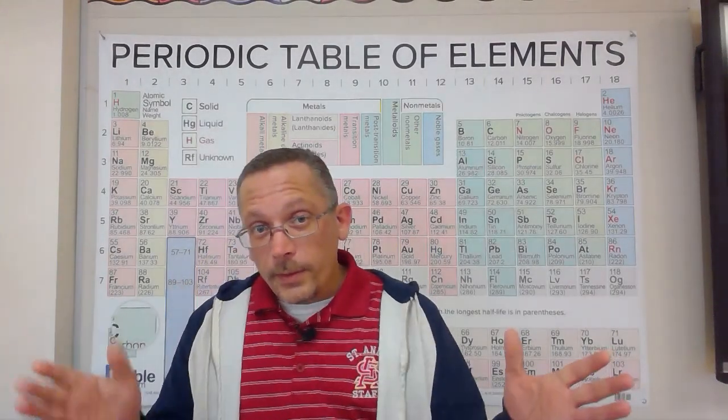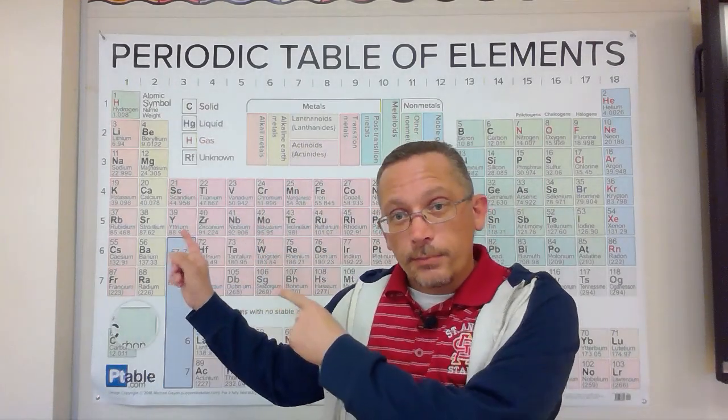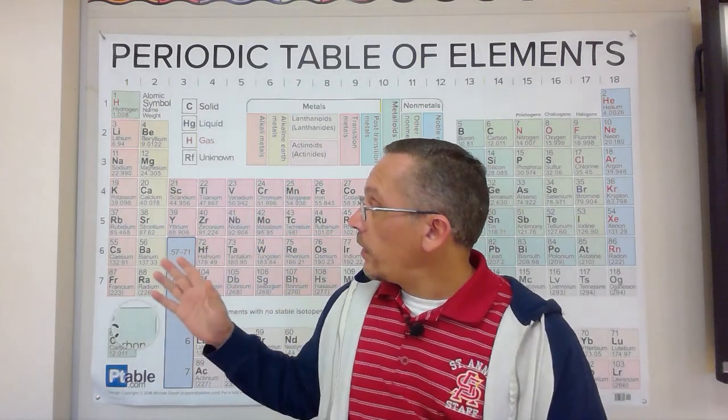All right, let's talk for a minute about the names of ions. Let's talk about simple cations first. Let's say we're talking about a cation from the alkali metals or the alkaline earth metals, or even over here around boron or aluminum. An ion that can only have one charge, a very simple one.